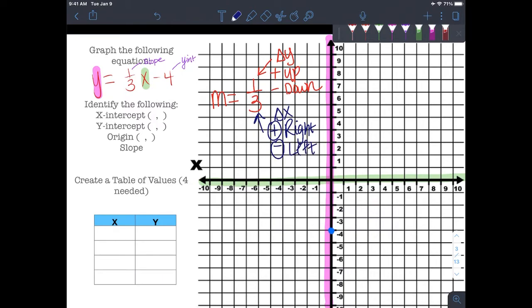That follows my axes. Notice how my x's get more positive going to the right and more negative going to the left, and my y's get more positive going up and more negative going down. So I look at this and say +1, that's 1 up, +3, 3 right. So I'm going to go 1 up, 3 to the right.